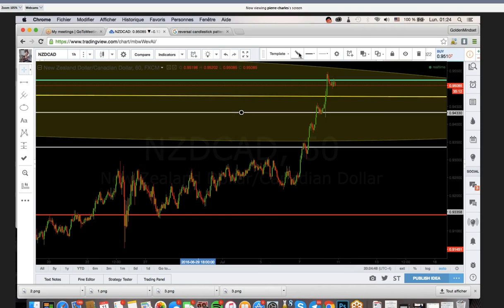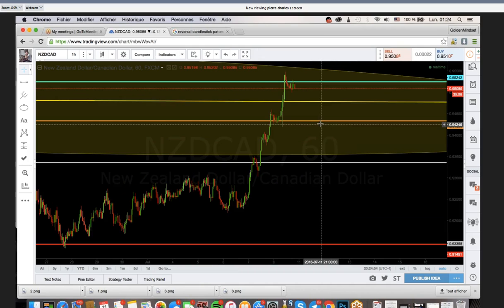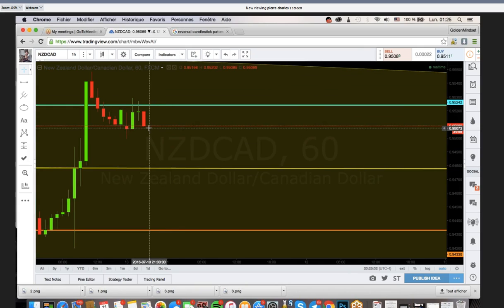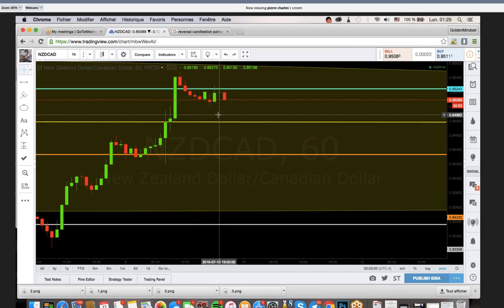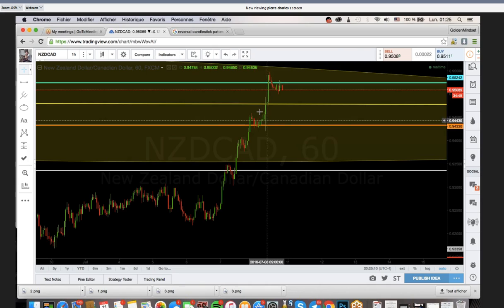Let's put the orange. Okay, so the orange, the yellow here, remember, is the trend line. So look, oh, bearish. It's a beautiful bearish candle. It's amazing. It's going to go down so deep, it's crazy.